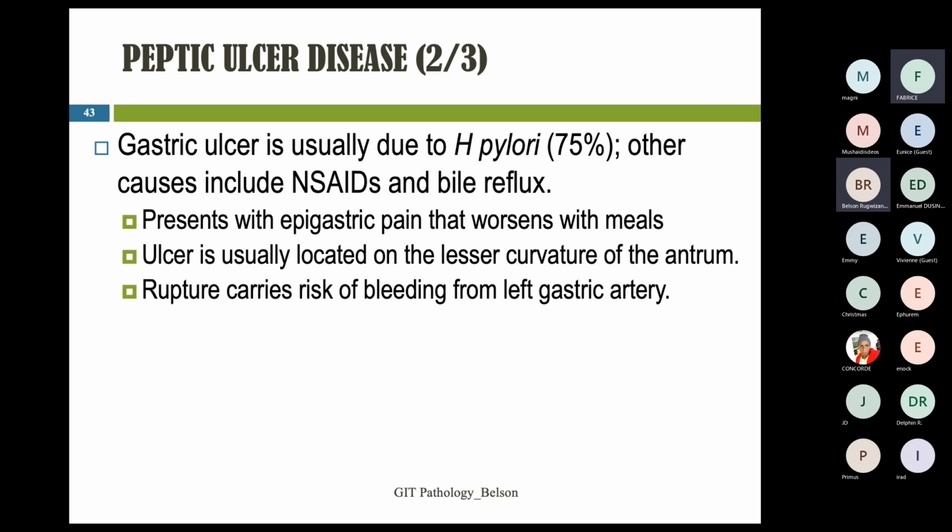Ulcer usually located on the lesser curvature of the antrum. And you should also be aware that na cancer y'igifu naho hangaho, ku lesser curvature of the antrum niho iba. Niyo ubaga igifu, iyo nta endoscopy yakozwe, ugomba kufungura kuri lesser curvature kuko kenshi nta tumor ziba zihari.